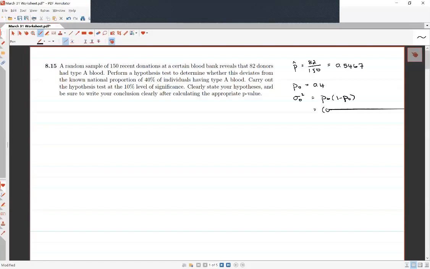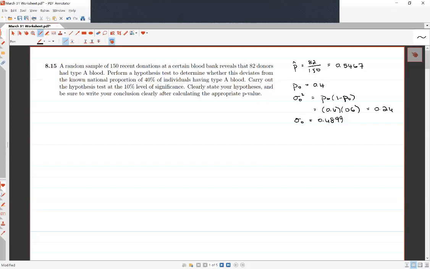So in this case, 0.4 times 0.6, or 0.24. And if we take the square root of that, because this is the quantity we really need, we get 0.4899. So those are all the pre-calculations.